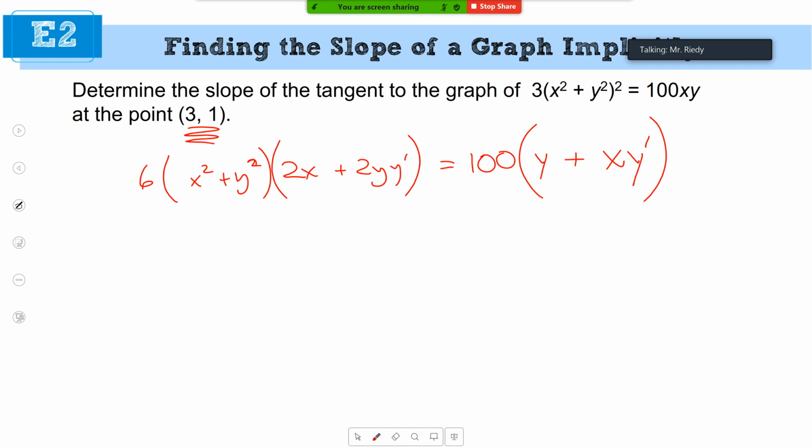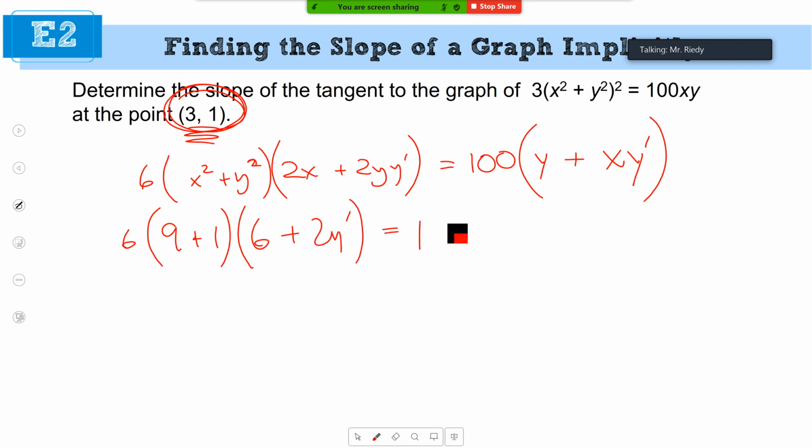Okay. Now, this is what I was talking about in the last one. I could go through and solve for y prime, but I don't care. I'm going to plug and chug instead because I know what x and y are. 6 times (9 plus 1) times (6 plus 2y prime) equals 100 times (1 plus 3y prime).